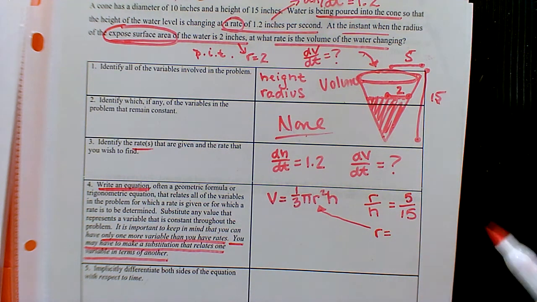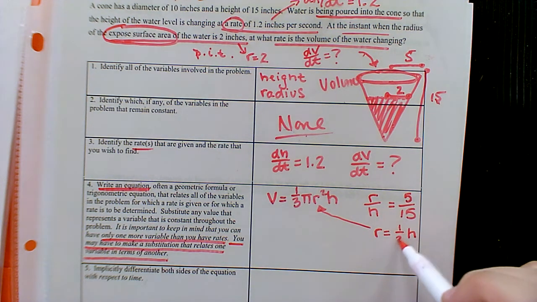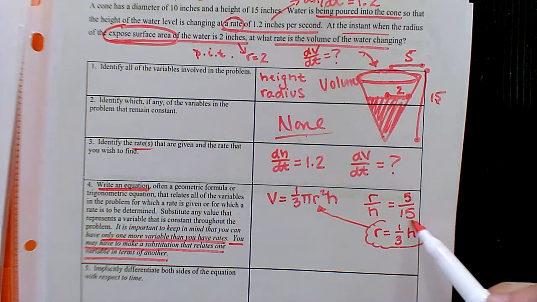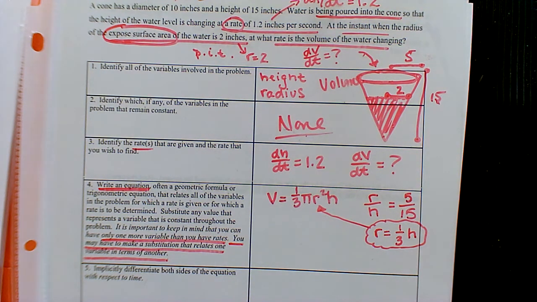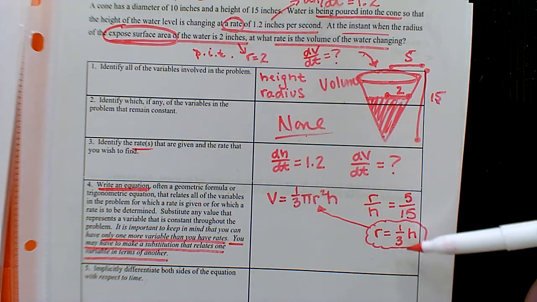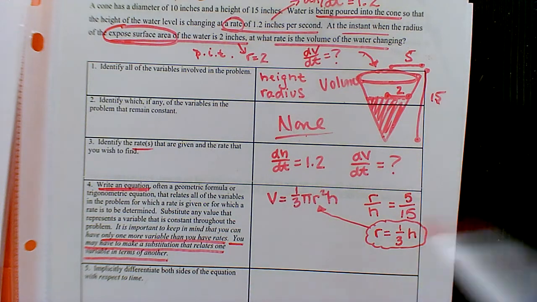So we multiply the h over, and we simplify 5 over 15, which would be 1/3. So throughout this entire cone, no matter what height or level of water you have, the radius of the water is always going to be 1/3 the height, no matter what point you are in this water pouring process. We have a way to connect the two.